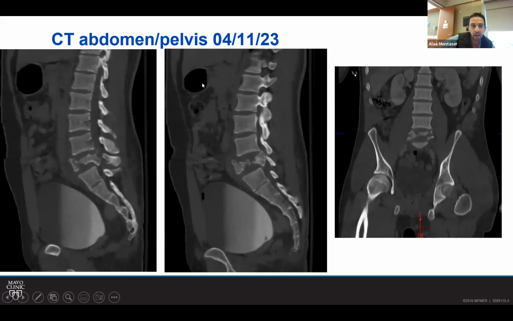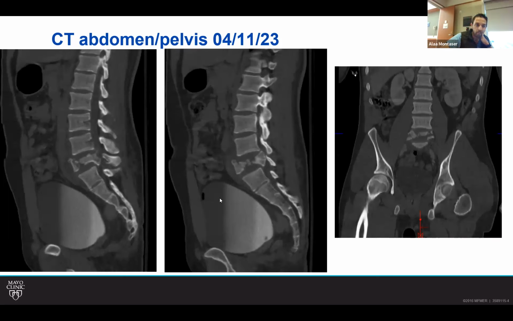It shouldn't be the fundic air bubble, so I would be wondering if there's any bowel perforation or any abdominal injury. In a trauma setting, if you have thoracolumbar fractures or injuries, you would always like to rule out any abdominal trauma. So that goes along with the hemodynamic instability as well.